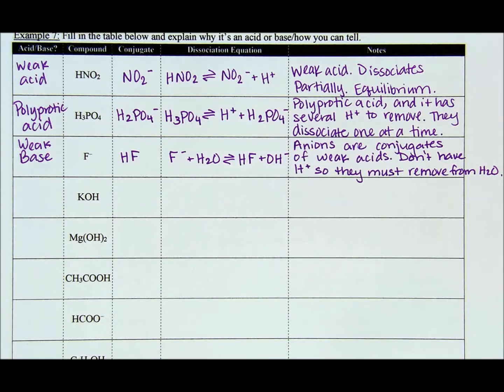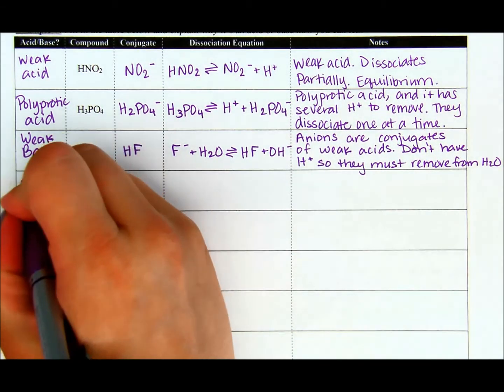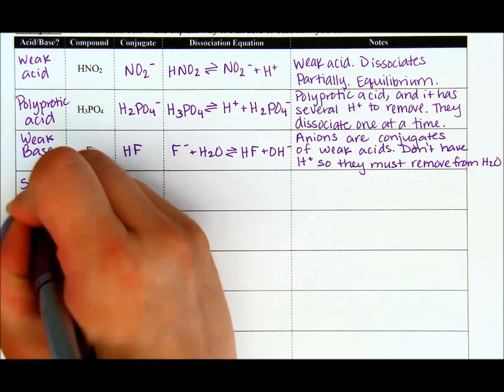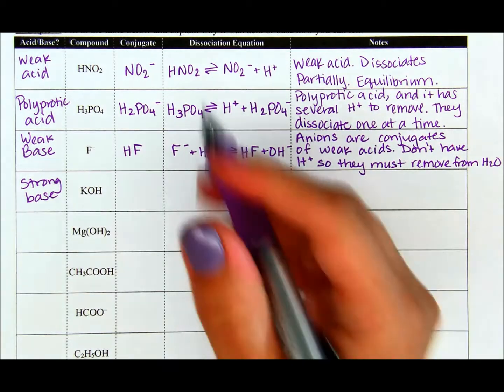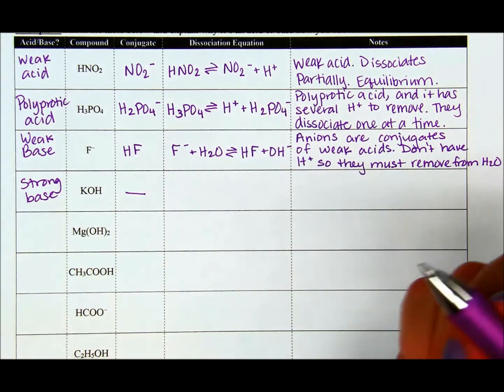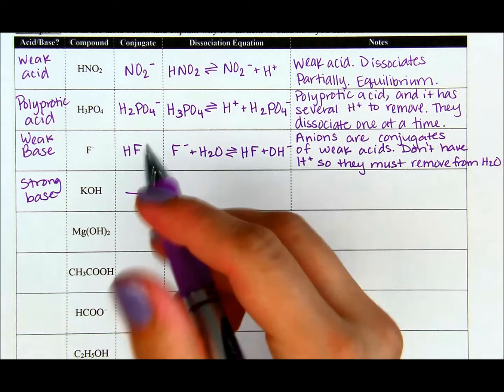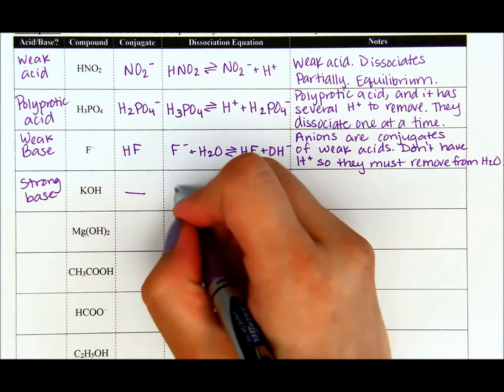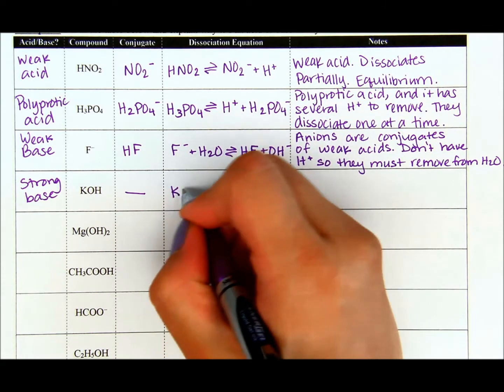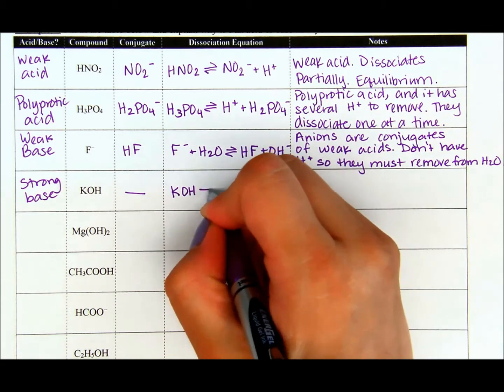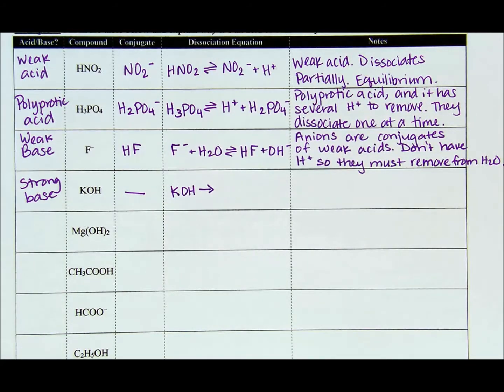Alright, next one, potassium hydroxide. You'll know from memorizing this one is a strong base. It doesn't have a conjugate. Your strong bases are not going to have conjugates. So here, your dissociation equation dissociates completely. So KOH goes completely, so I just drew the arrow one direction.